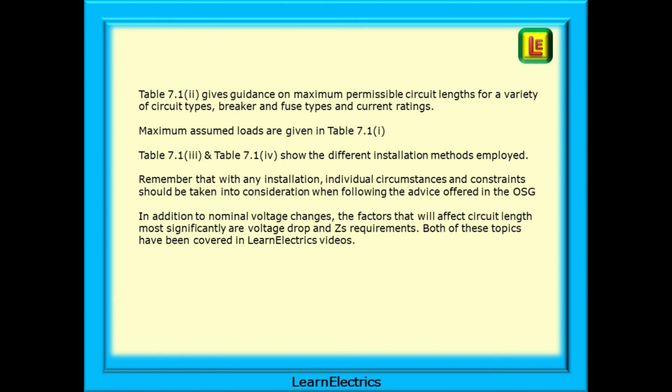Remember that with any installation, individual circumstances and constraints should be taken into consideration when following the advice offered in the on-site guide. In addition to nominal voltage changes, the factors that will affect circuit length most significantly are voltage drop and ZS requirements, and both of these topics have been covered in previous LearnElectrics videos.